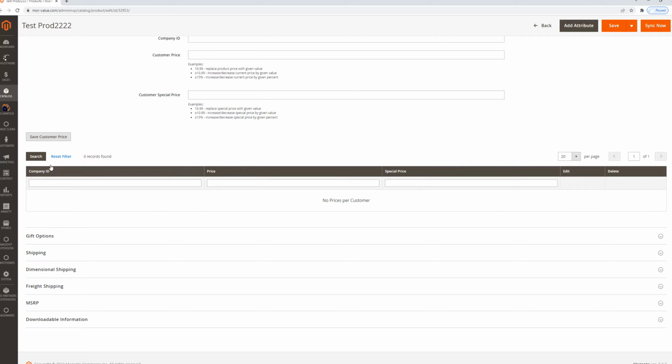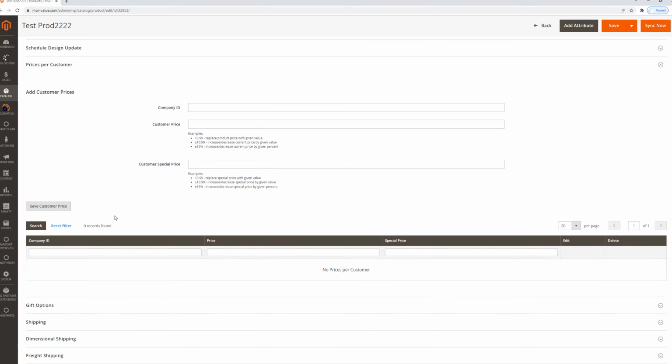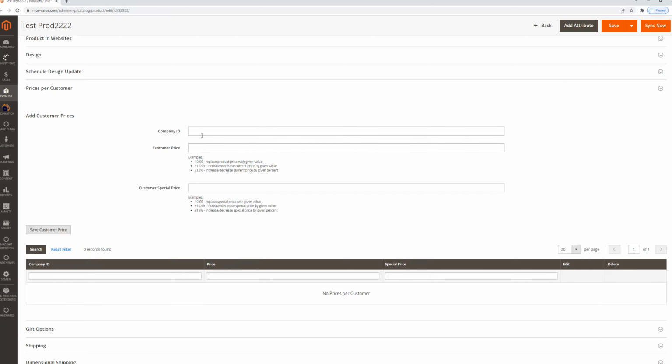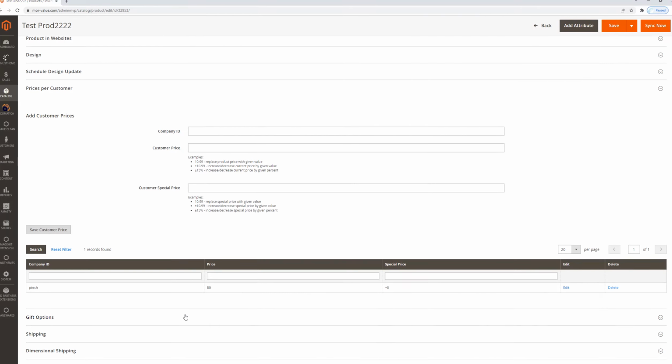The problem with it is if we were to add a customer ID, which mine is PTech, and that was to add the customer pricing, let's just say 80, and then save it, this works, and this works on the front end as well.